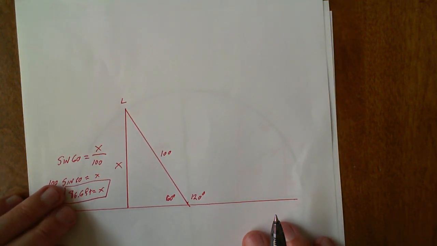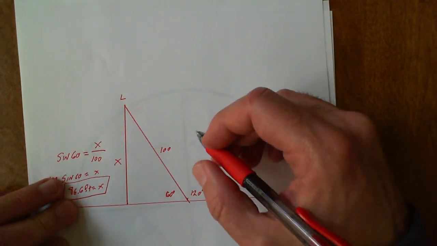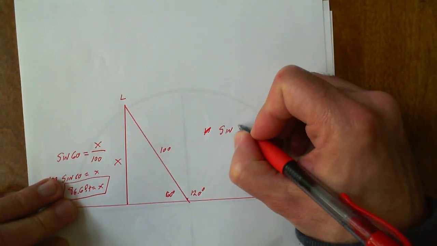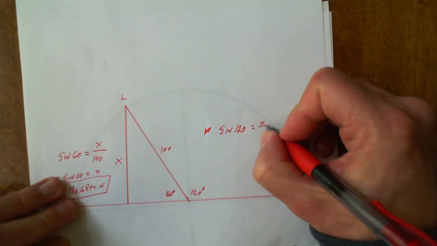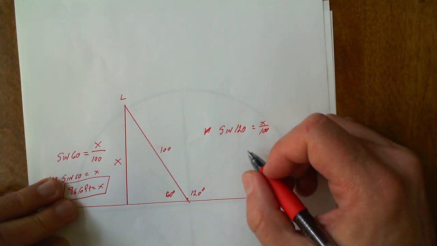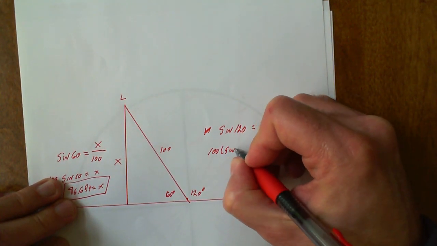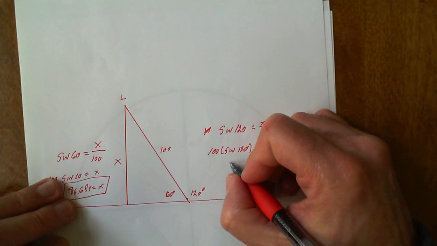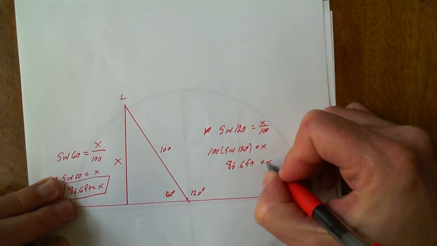Another way we can calculate this is that, hey, this is 120 degrees. We could also calculate this as sine 120 degrees equals x over 100. Now go ahead and calculate that out. 100 times sine 120. Guess what we get? We also get 86.6 feet.